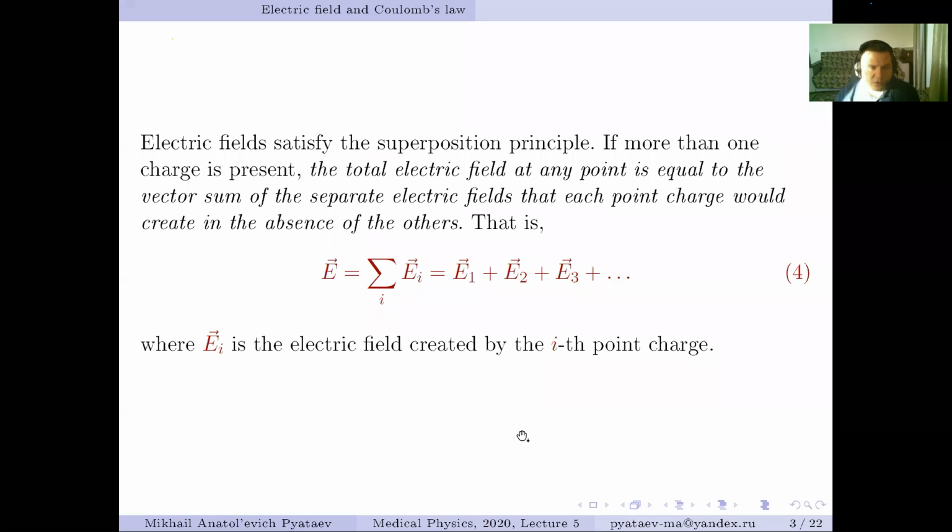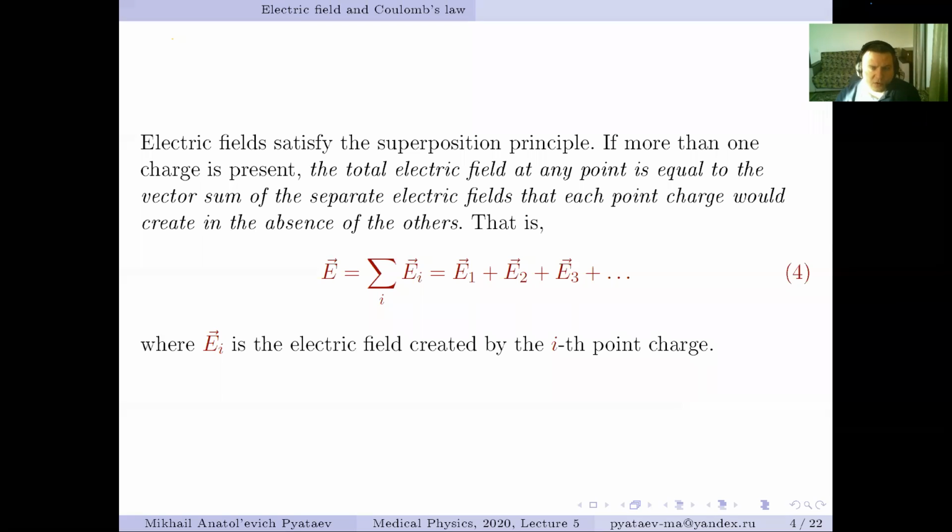A very important property of electric field is the superposition principle. It was found in experiments with several charges which act on one test charge.